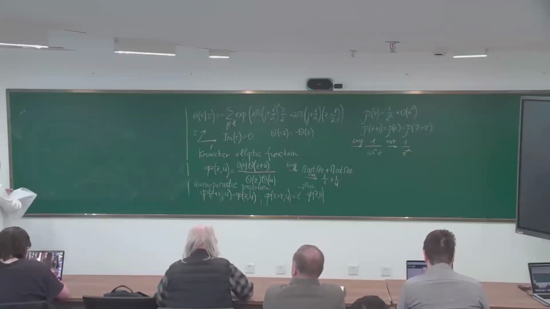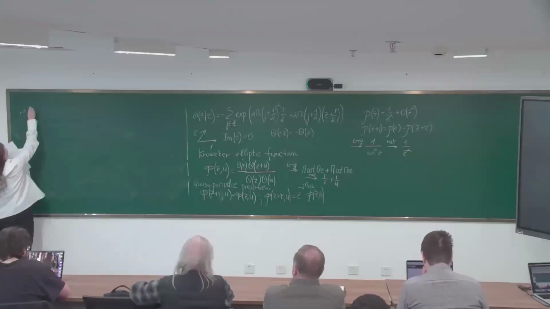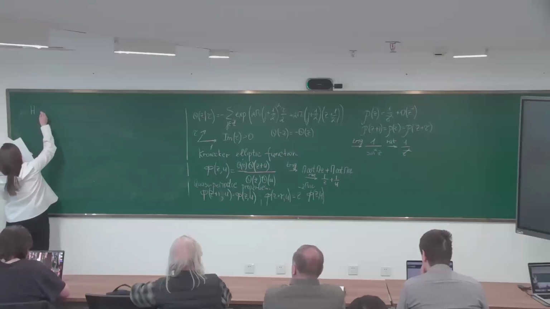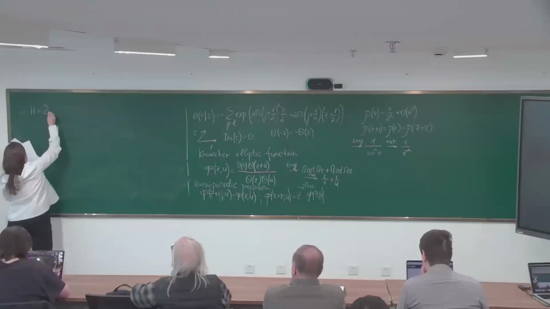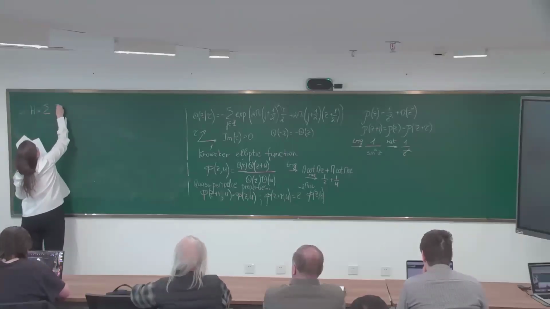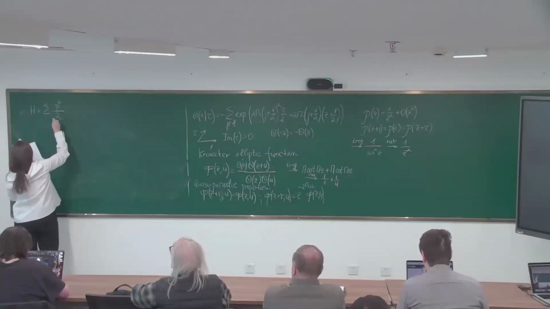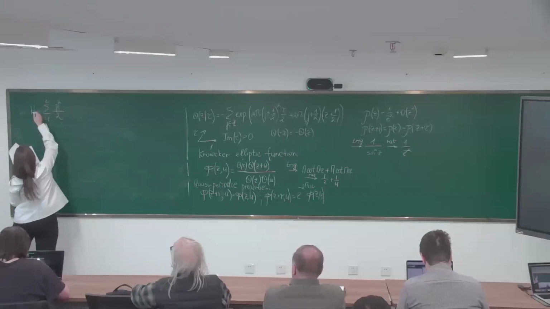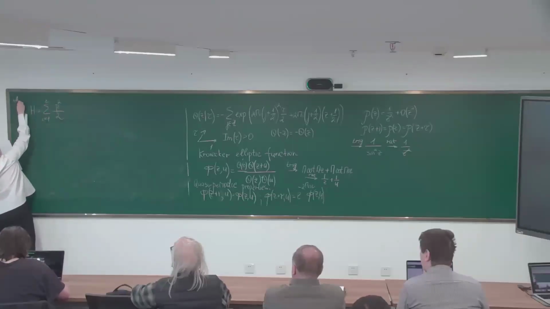So the Hamiltonian of this Calogero system, classically Calogero-Moser system, is the following. It's type A n minus 1.